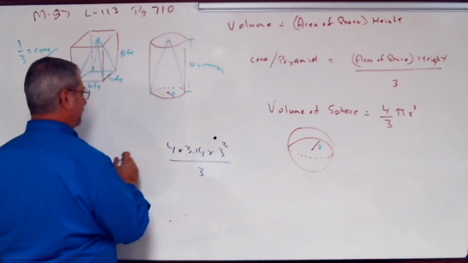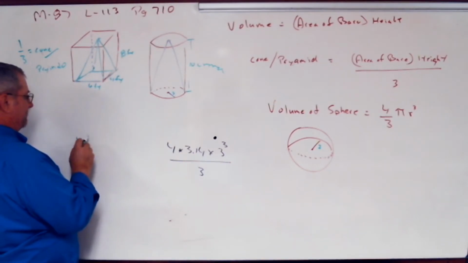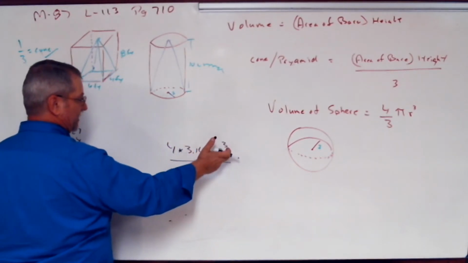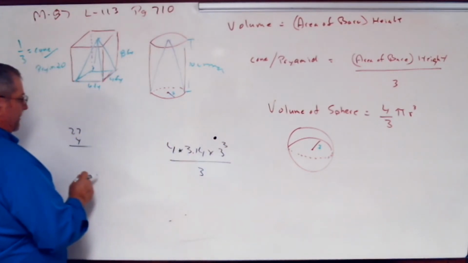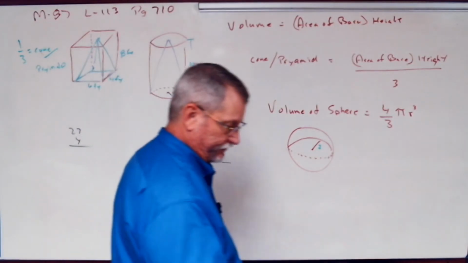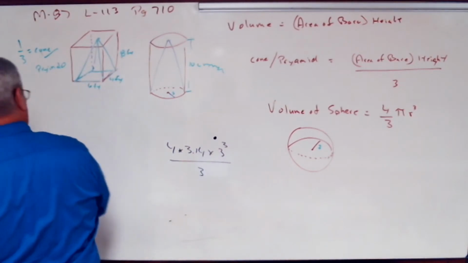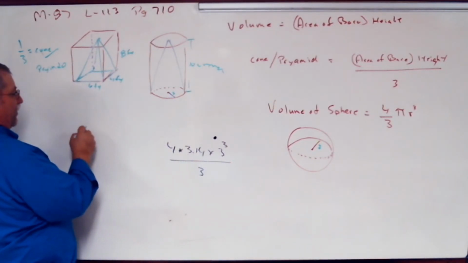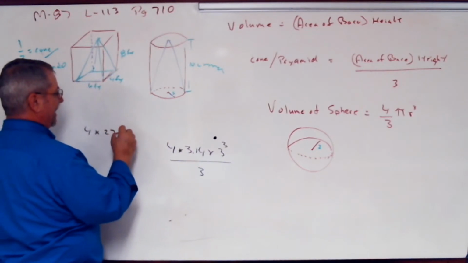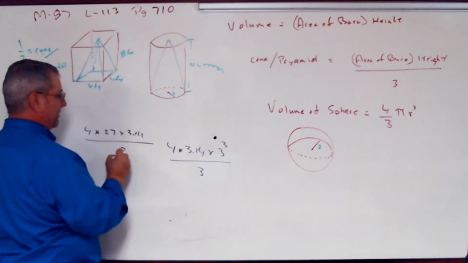Okay, so we have 4 times 27. Actually, let's make life a little bit easier. Let's do it this way: 4 times 27 times 3.14, divided by 3.